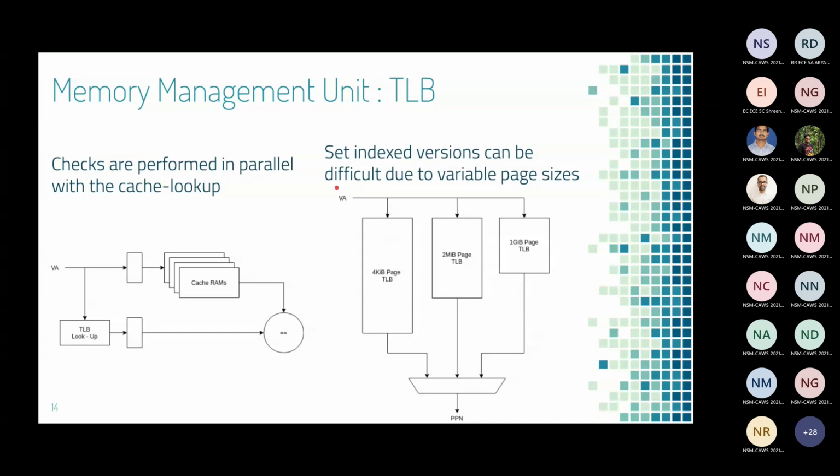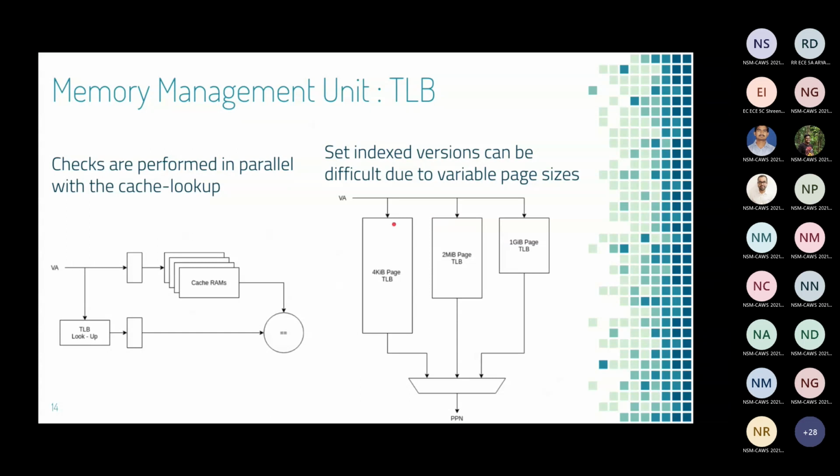You have 4 kilobyte, 2 megabyte, and 1 gigabyte page sizes. And if you want to do indexed TLBs, you need to maintain a TLB for each of those sizes. So whenever you encounter a 1 gigabyte page, you have to store it in this particular TLB. All 2 megabyte pages will be mapped here, and all 4 kilobyte pages will be mapped here.